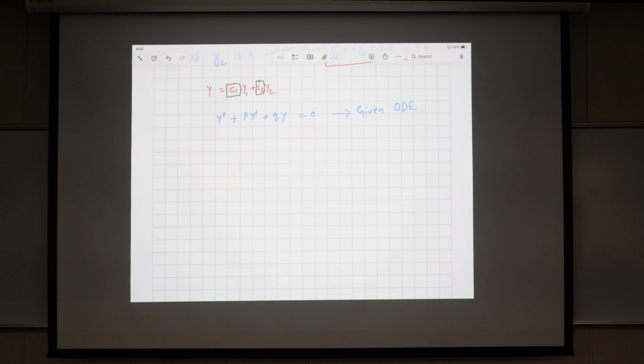So let's put it in: C1 y1 plus C2 y2 double dash plus p times C1 y1 plus C2 y2 single dash plus q times C1 y1 plus C2 y2.